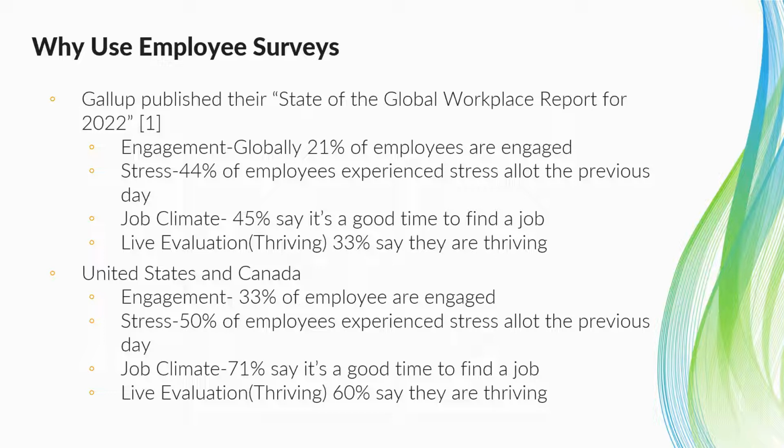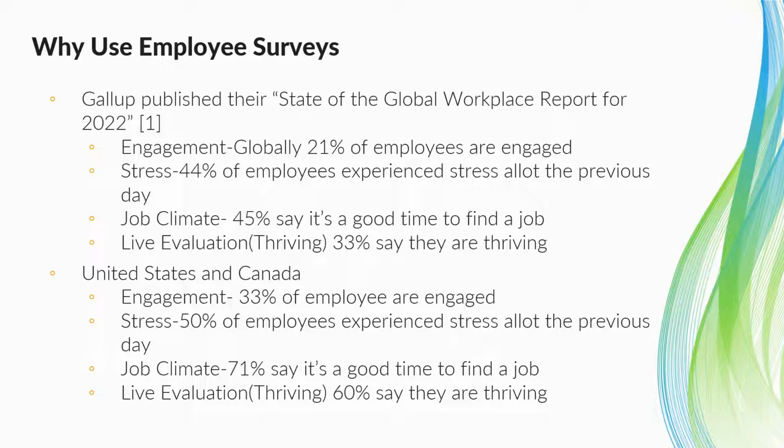Regionally in the United States and Canada, I know many of our partners have operations globally, but here in the United States and Canada, these numbers are actually significantly higher. 33% of employees are engaged versus the 21% number for our global counterparts. 50% of employees experienced stress a lot on the previous day, and 71% said it was a good time to find a job.